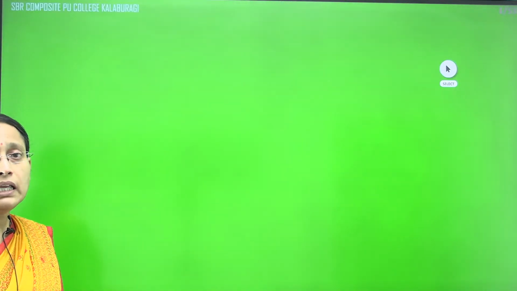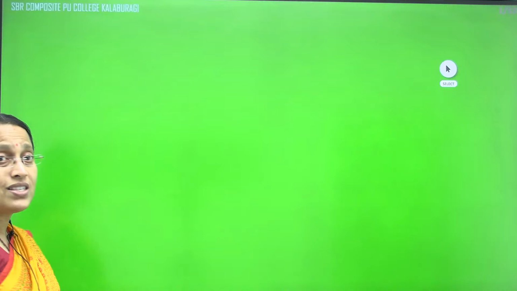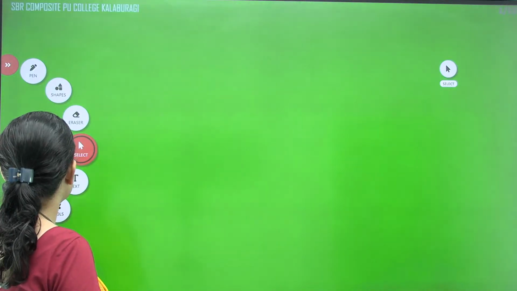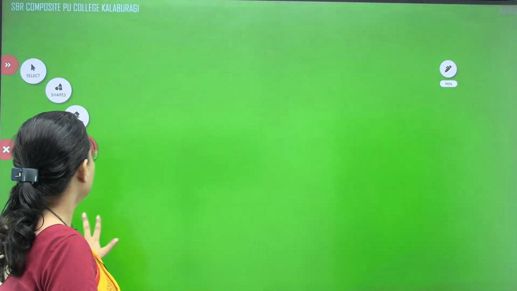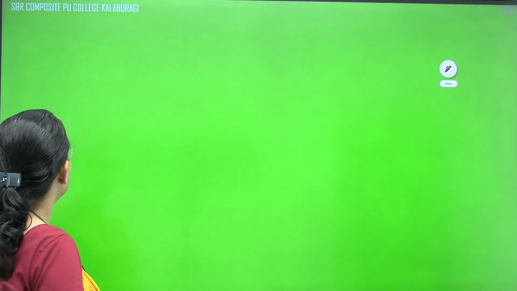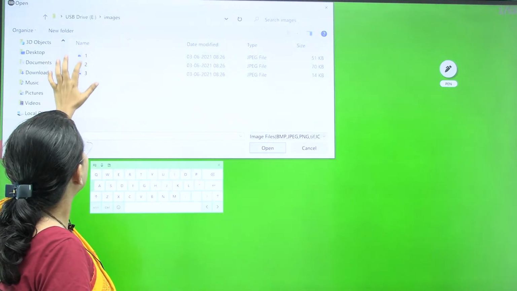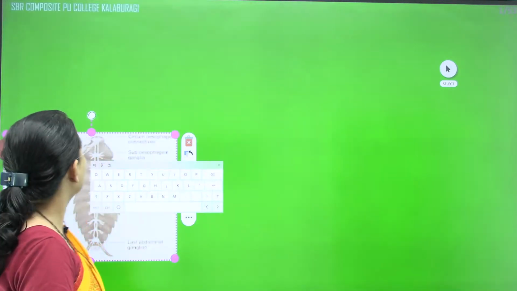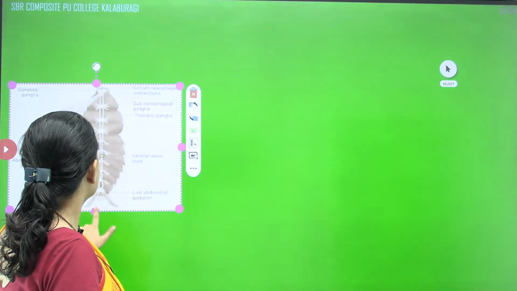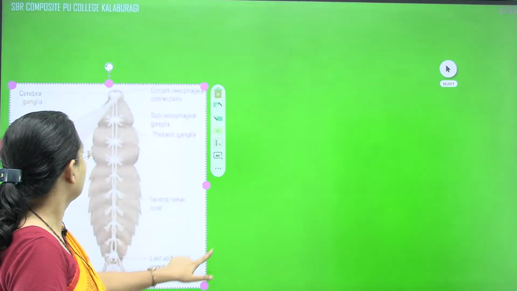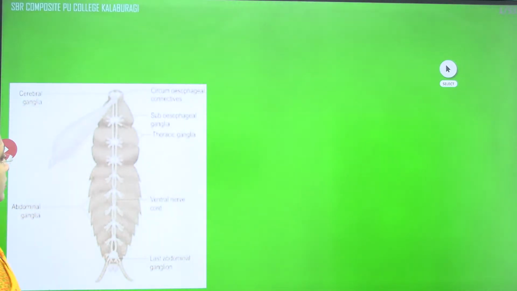And now will be the nervous system of the cockroach. So this is the structure of the nervous system of the cockroach.